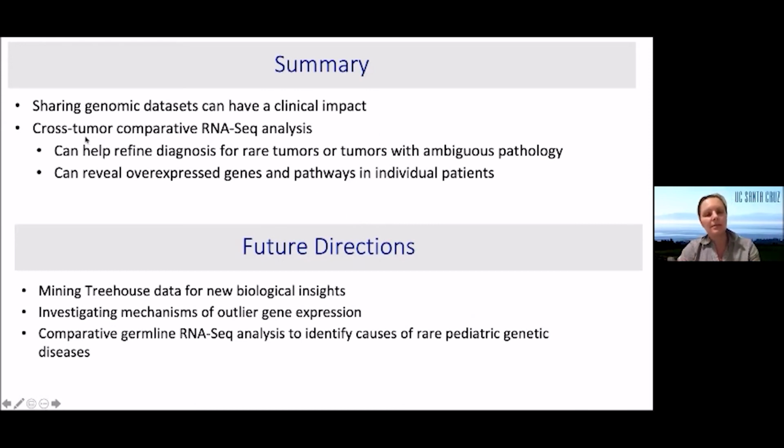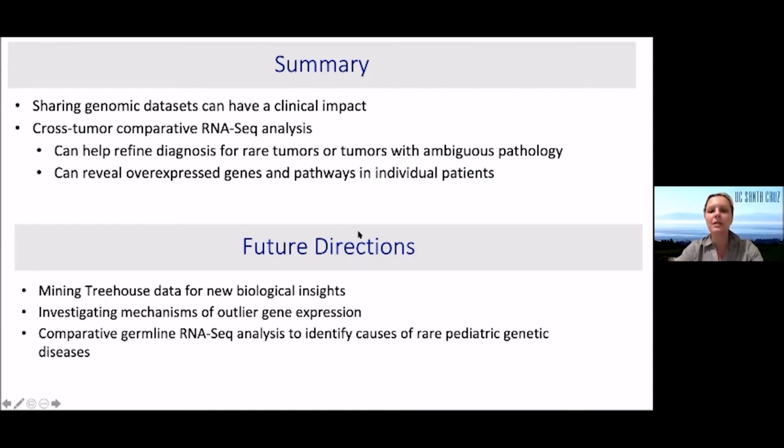In particular, I have shown you the cross-tumor comparative RNA sequencing analysis that we developed, and 2 applications: it can be used to help refine diagnosis, which is particularly helpful for rare tumors or tumors with ambiguous histology that are hard to diagnose otherwise. I've also shown you that this analysis can reveal overexpressed genes and pathways, and some of these genes could represent druggable targets that could be useful therapeutically in the patient.